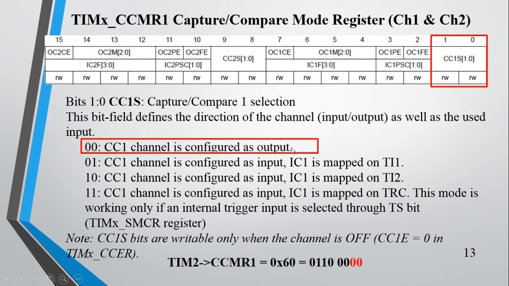Because for the compare mode of operation, we are generating a waveform on the pin, and whenever you are generating a waveform, that pin should be configured as output. So by writing 60, all three configurations are done in capture compare mode register 1.